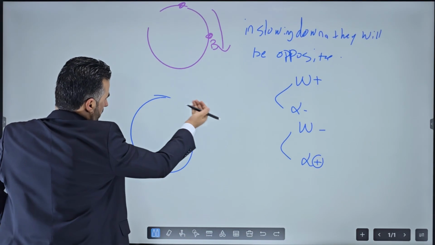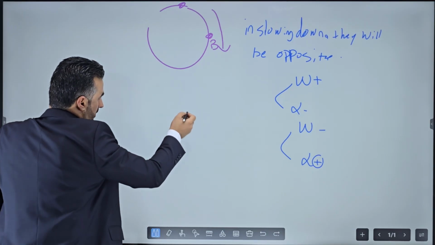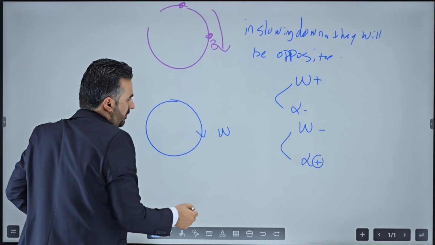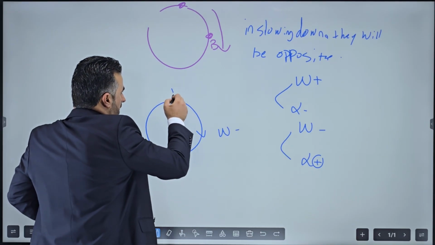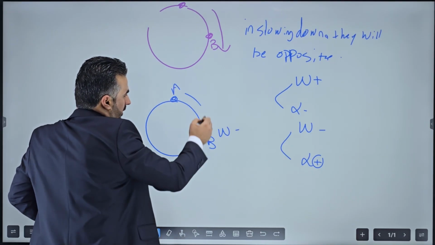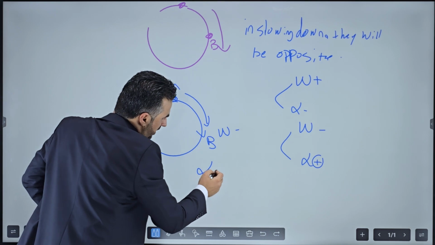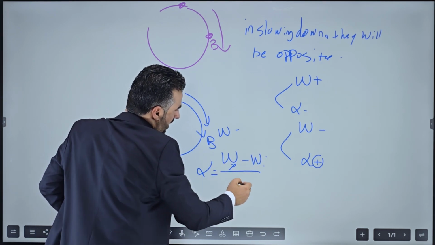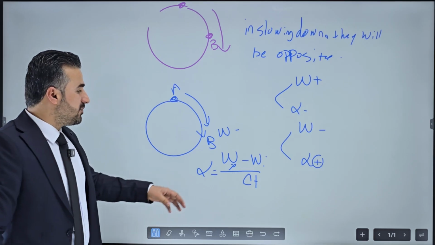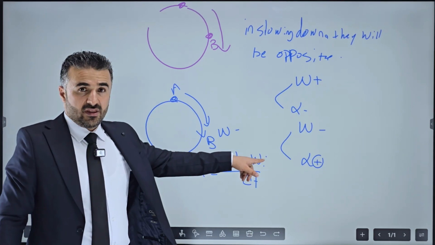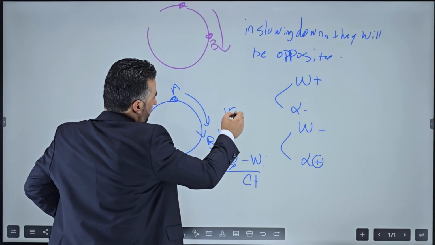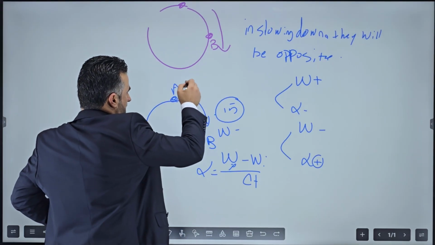Here's the same object or circle again. This time, if an object is moving clockwise, we know that angular speed is going to be negative, starting from point A to point B here. Okay, so if you want to find angular acceleration, omega final minus initial divided by delta t. If it is going to speed up, omega final will be bigger than omega initial. Let's just say this is negative 15 because it is clockwise. This is negative 10.